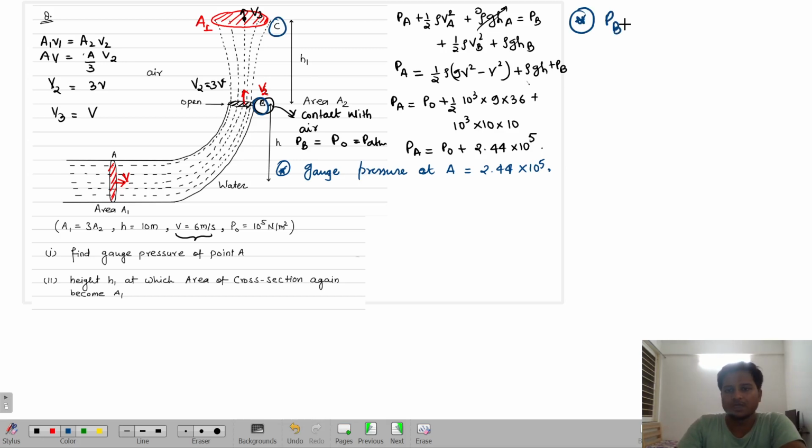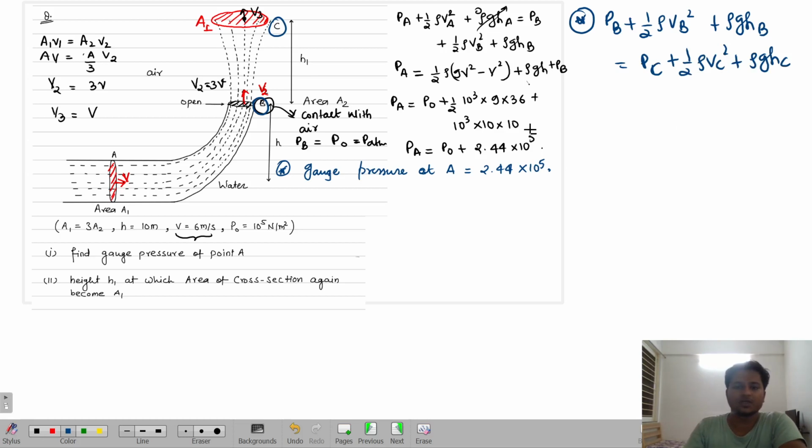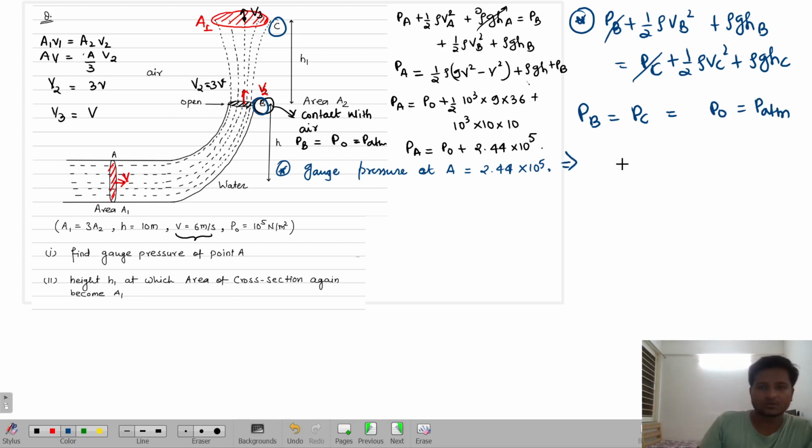So P of B plus half rho velocity at B square plus rho g h of B is equal to P of C plus half rho V of C square plus rho g h of C. Now both are in air, so P of B is equal to P of C, which is equal to atmospheric pressure. So they will cancel, isn't it? So what will I get?